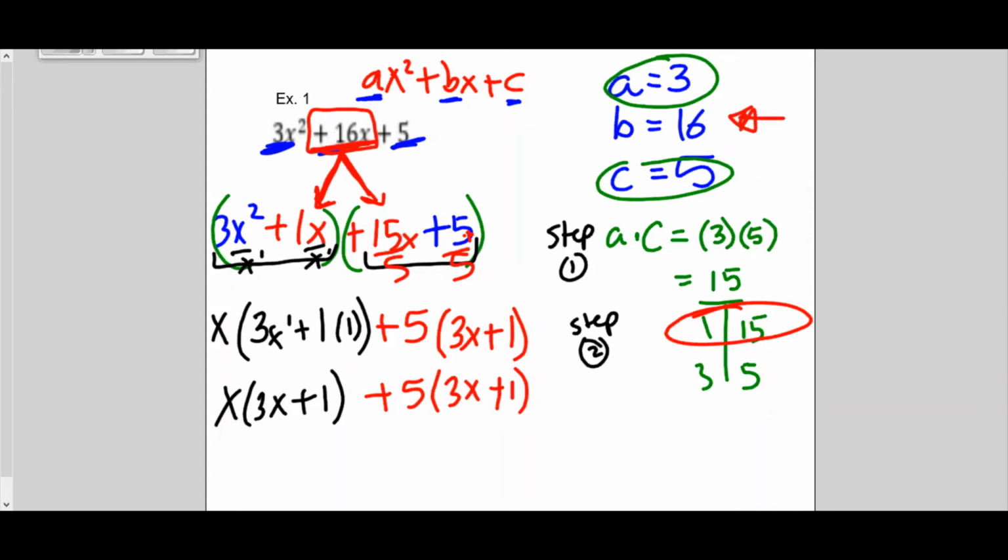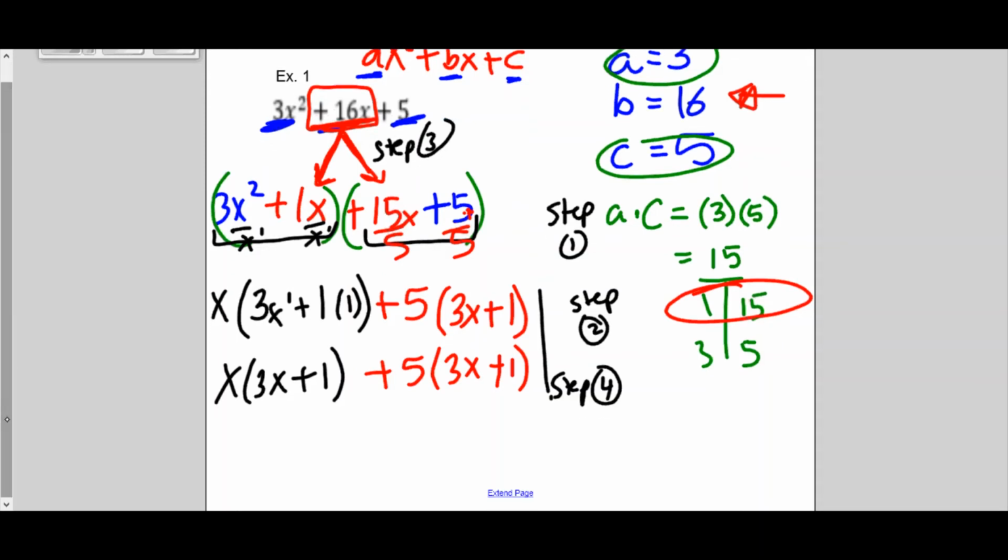This whole process here is like your step 4, and this splitting up here was step 3. Now I'm going to pull out my common factor, which is your step 5. You're just going to look: does this parentheses match that one? And they do.